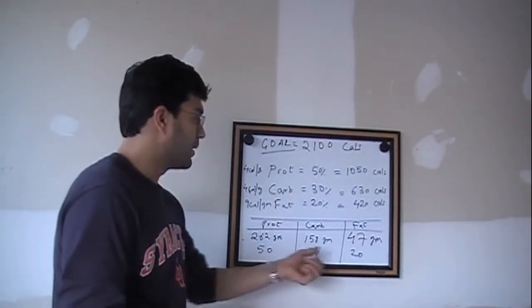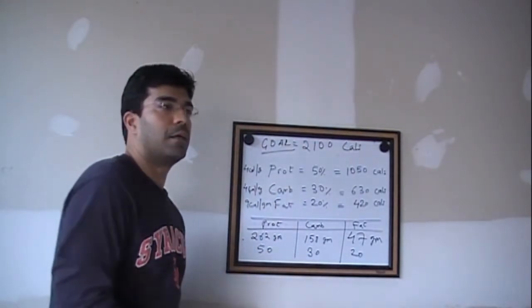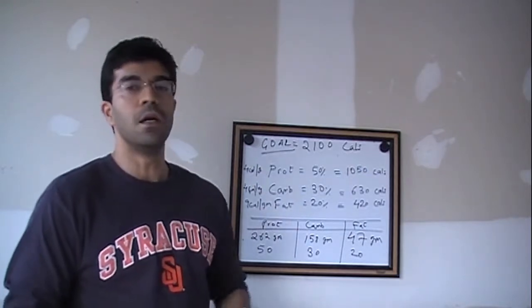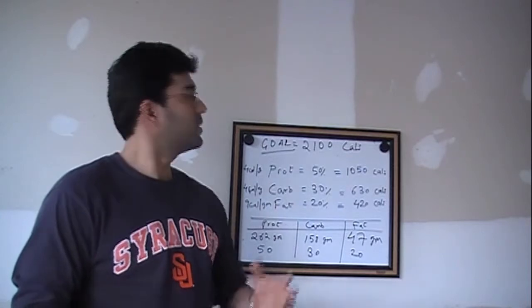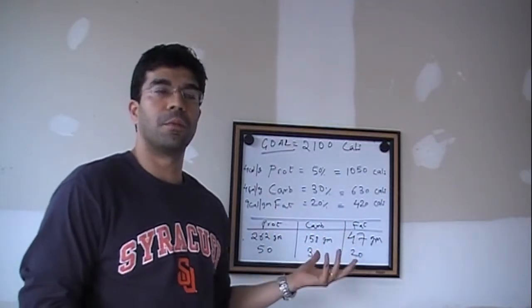All you got to do is plug in these numbers, try to match up these ratios in MyFitnessPal, and you should be good to go. It's not that difficult. Once you get an understanding, it's not really that difficult. But this is a very important thing to understand when you're on the P90X program.